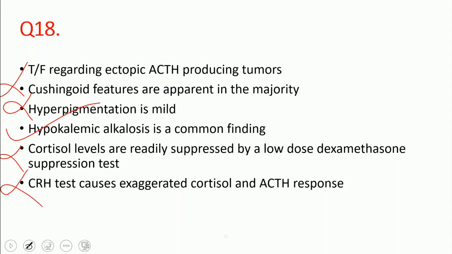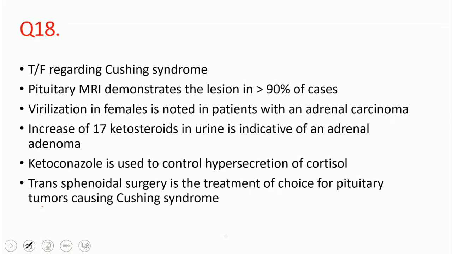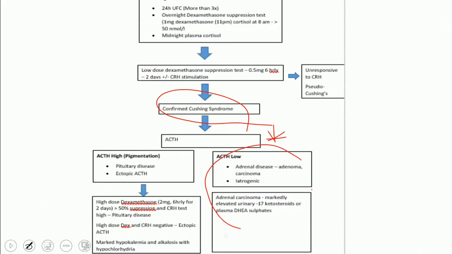That's wrong. Right? All things we have learned now. Now, a word about the other side of the axis, which is the ACTH independent axis. As I told you, the commonest cause of all Cushing syndrome, and obviously ACTH independent Cushing's, is iatrogenic, like steroid induced.